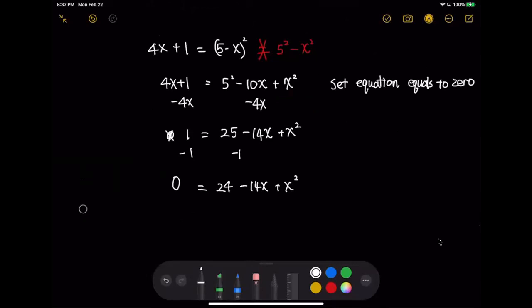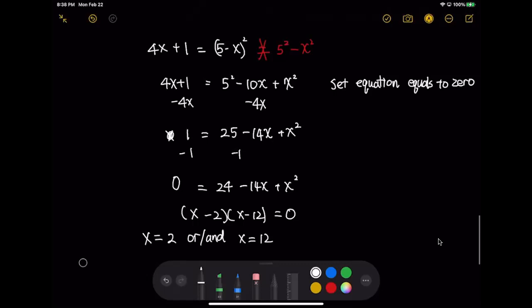And then what? We factor it. So I have, AC method, x minus 2 times x minus 12 equals 0. So we have either x equals 2 or x equals 12.